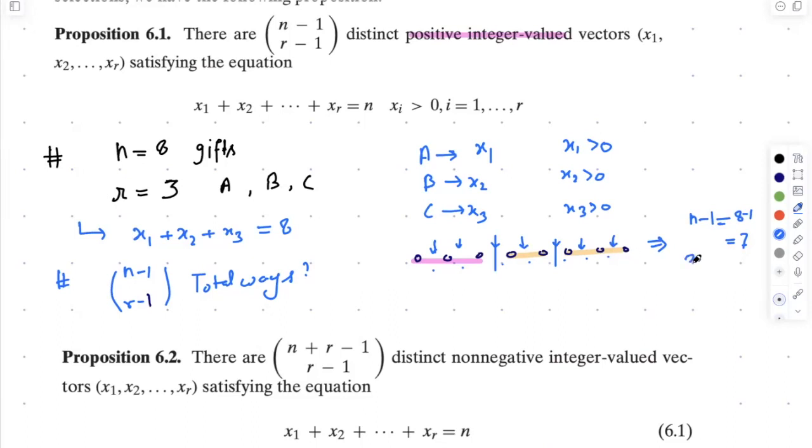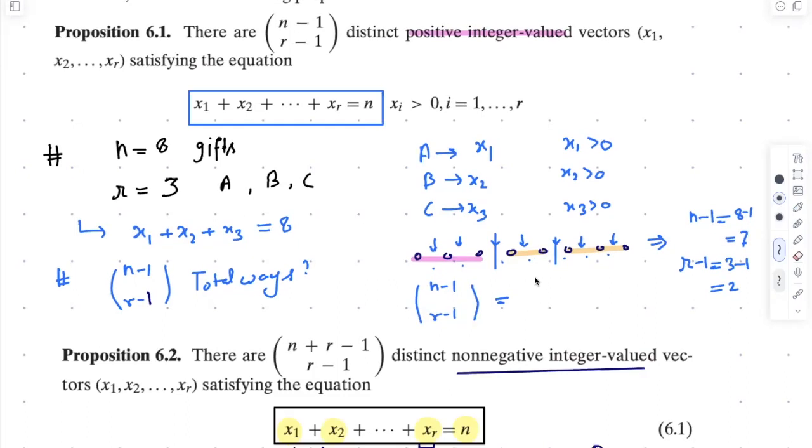Total 3 parts were required, 3 minus 1 equals 2. So technically, n minus 1 is 7, r minus 1 is 2. Therefore, the answer is 7C2, which simplifies to 7 into 6 divided by 2 factorial. 2 factorial is 2, so it is 7 into 3, that is simply 21.